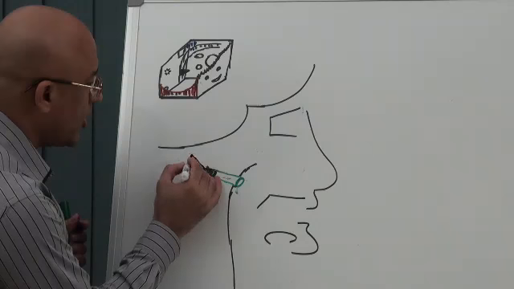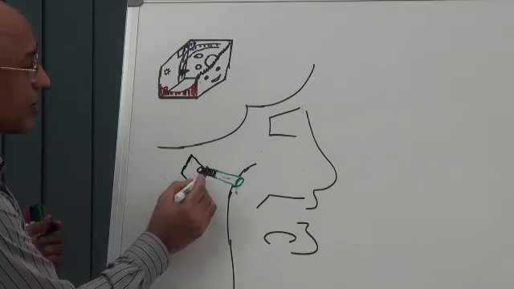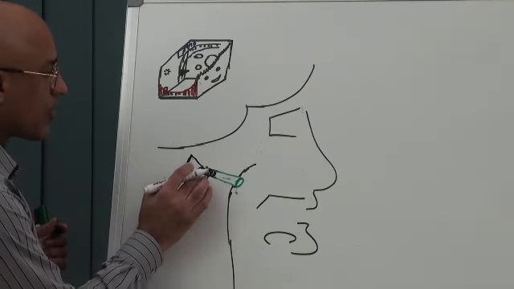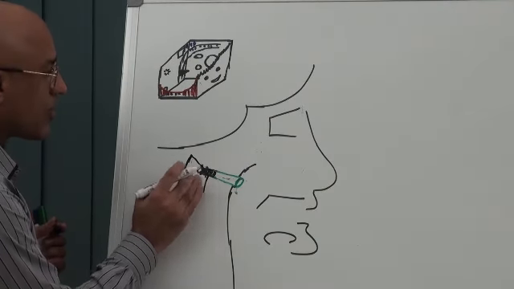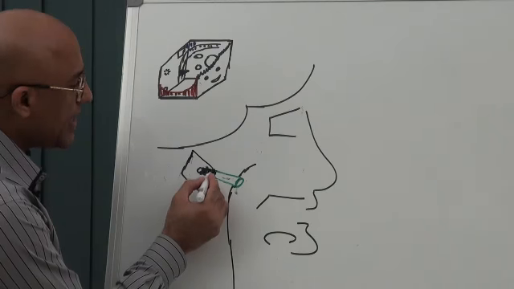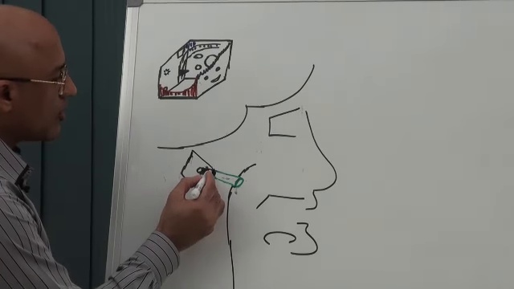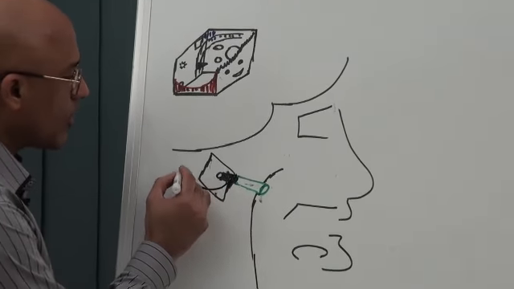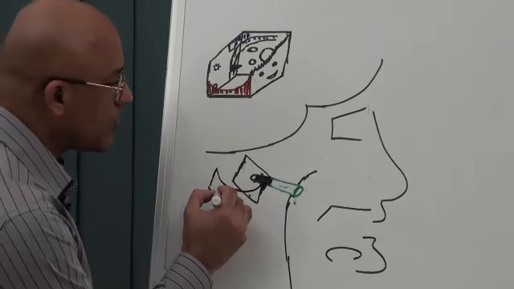This is the anterior wall, right? And as I told you, on this side, what wall is there? What is this wall? Lateral wall, right?